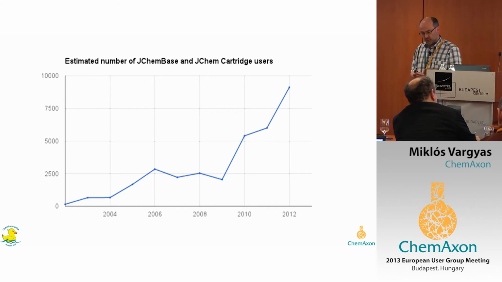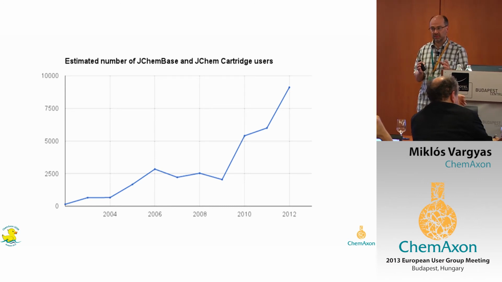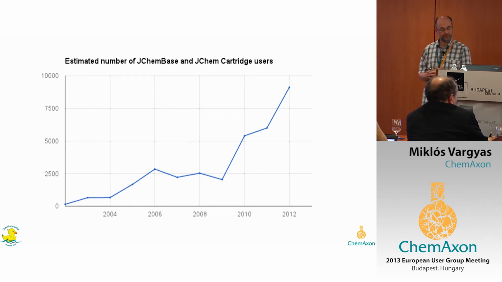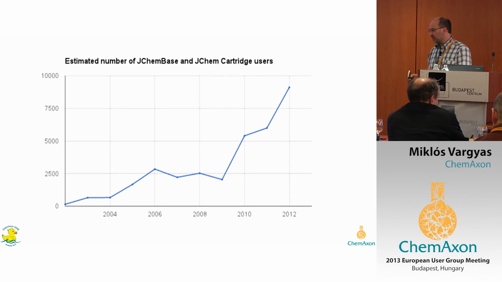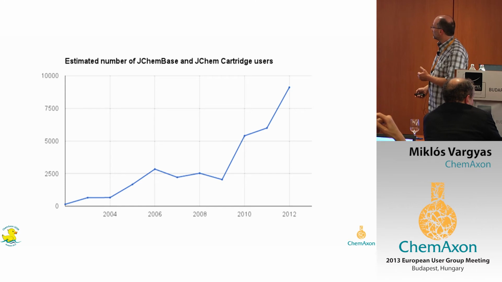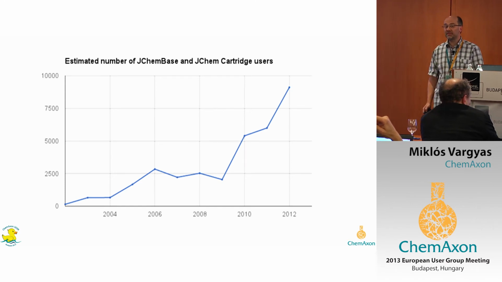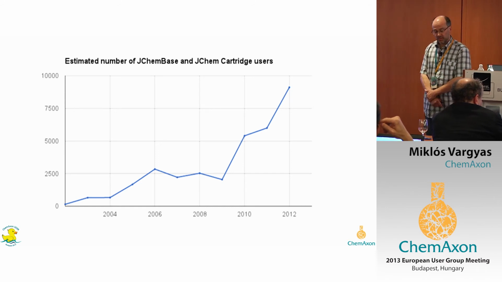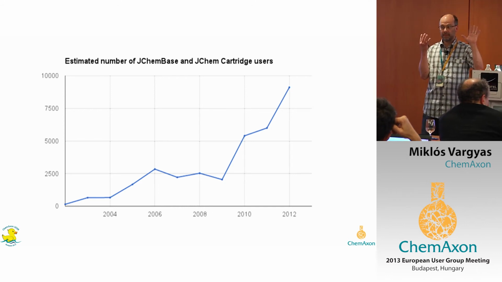So we have to design a much simpler, more elegant, concise, and ergonomic API while maintaining the existing one. Mind that while the number of users grew from 140 to 10,000, the size of the dev team, the guys who make JChem Base and JChem cartridge, grew from 3 to 9.